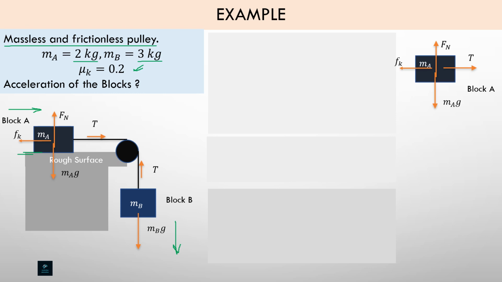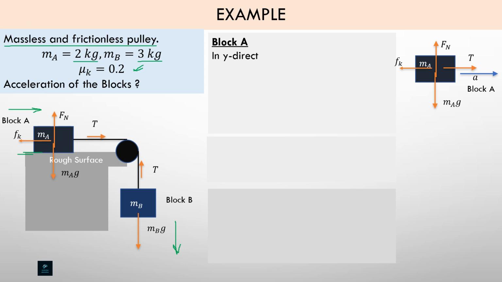So for block A, we have the gravitational force in the downward direction, the normal force in the upward direction, the tension force in the horizontal direction, and the frictional force in the negative x direction. And block A accelerates in the positive x direction.